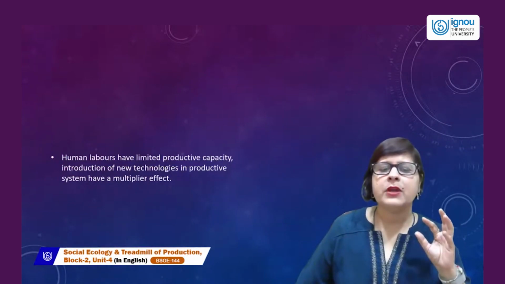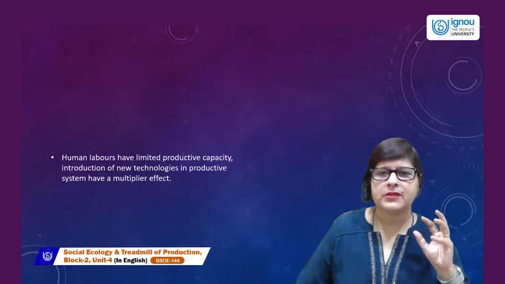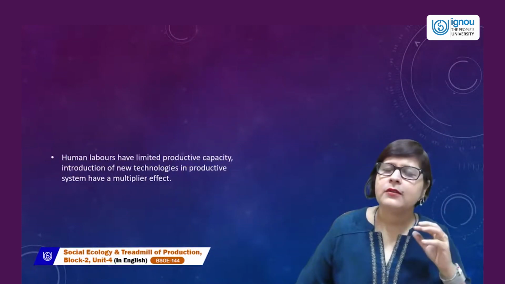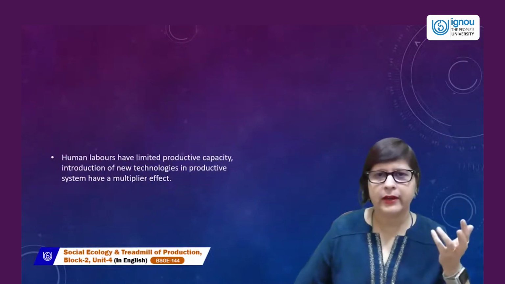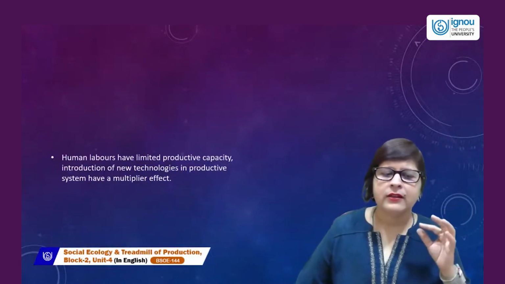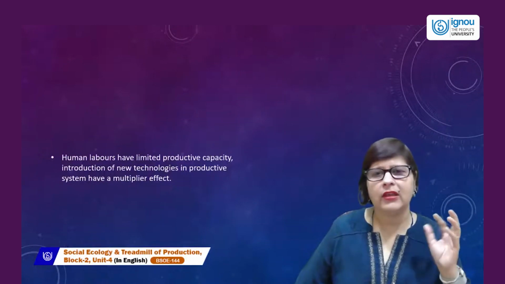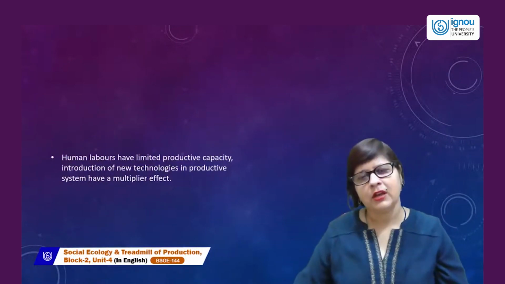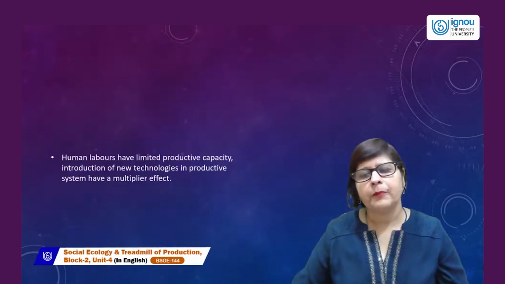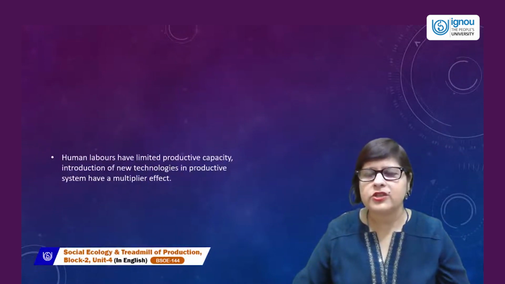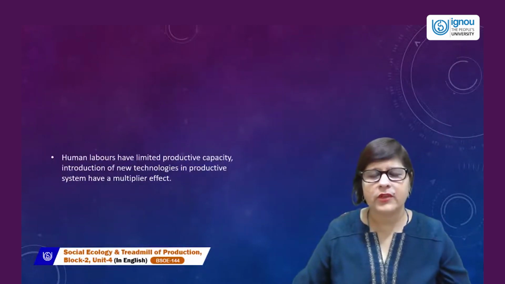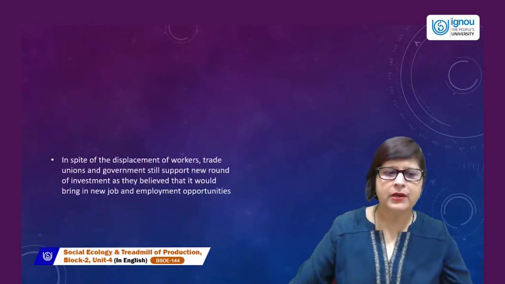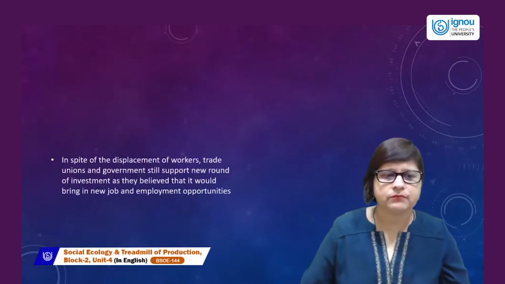Because human beings have a limited productive capacity, while the productive capacity of the new technology is not limited, and this has affected economic opportunities. Now these industrialists or capitalists can produce more using new technologies rather than using human manpower.